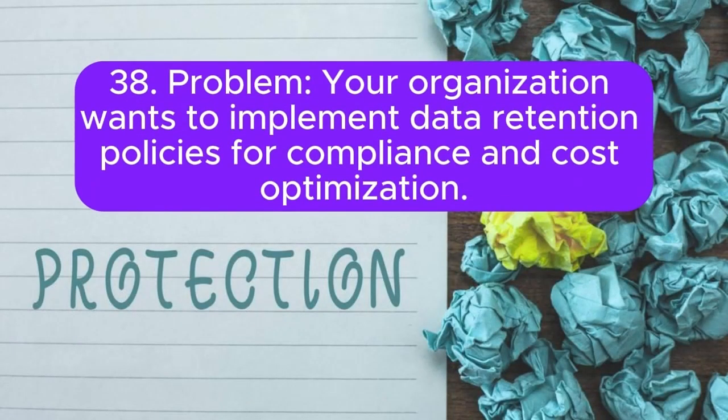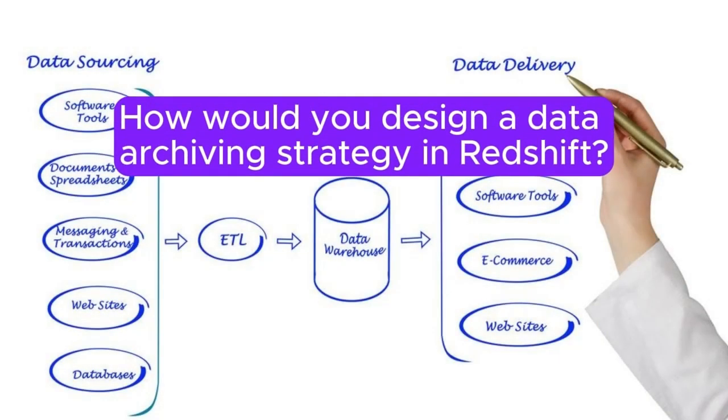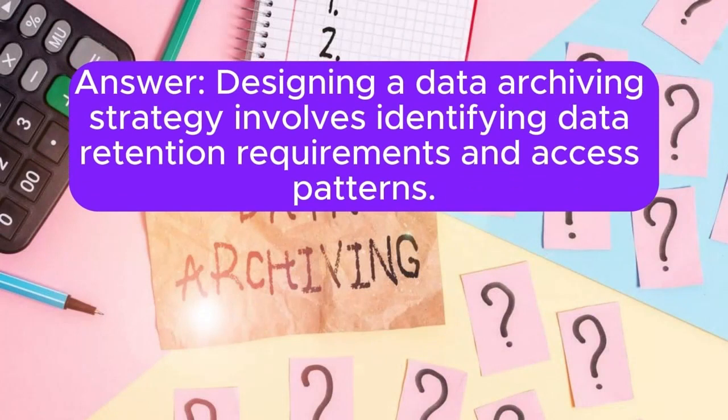38. Problem: your organization wants to implement data retention policies for compliance and cost optimization. How would you design a data archiving strategy in Redshift? Answer: designing a data archiving strategy involves identifying data retention requirements and access patterns.